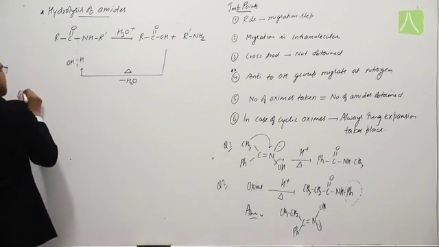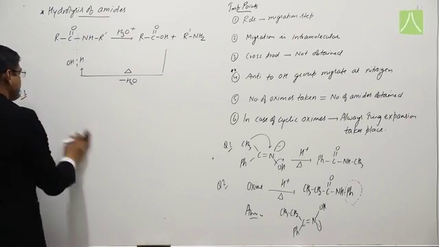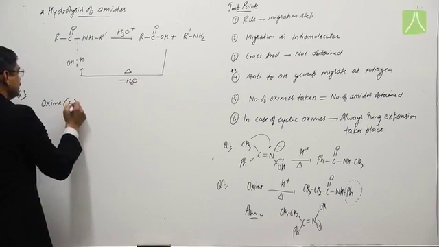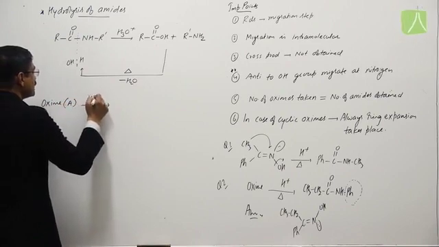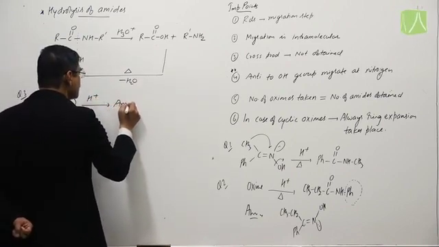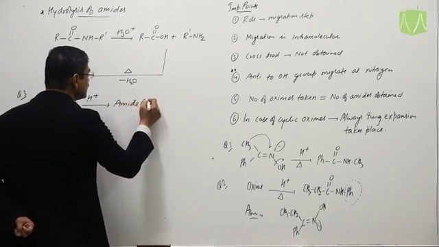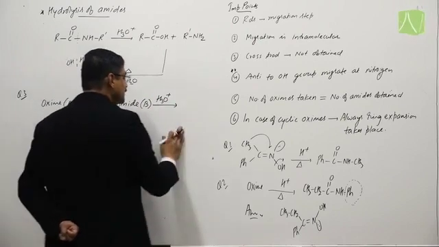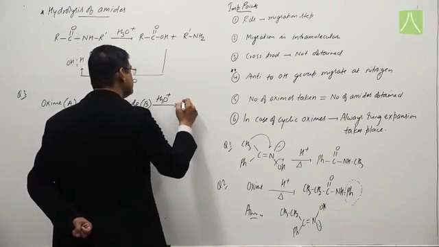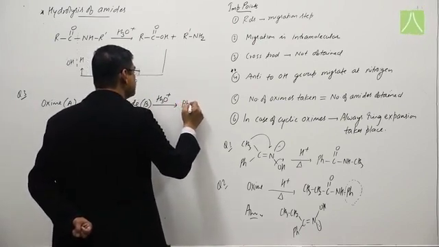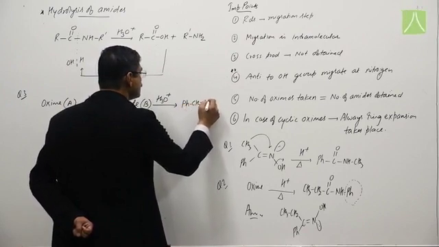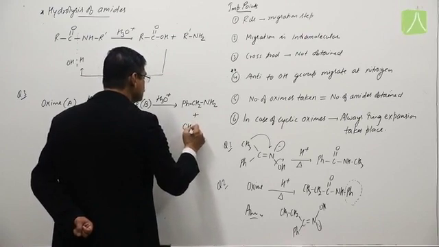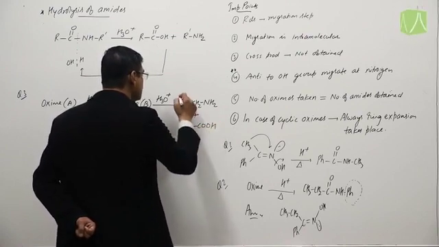So now next question is question number 3. Suppose there is an oxime A. In presence of H plus, the product amide is obtained. It is suppose B, and after hydrolysis we get the product like this: PhCH2NH2 plus acetic acid.